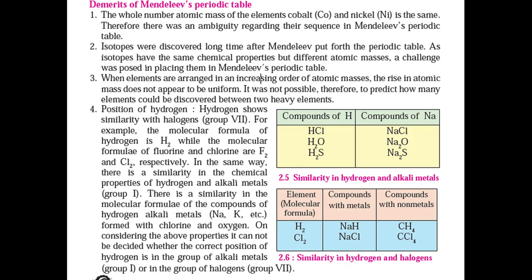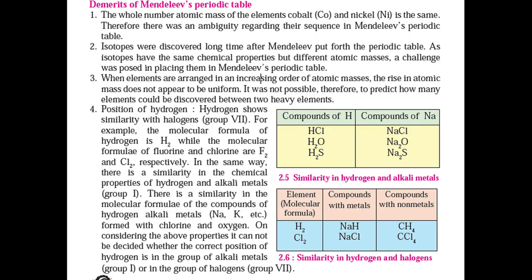On considering the above properties, it cannot be decided whether the correct position of hydrogen is in the group of alkali metals, that is group 1, or in the group of halogens, that is group 7. So these are the difficulties encountered when you want to put all the elements in Mendeleev's periodic table.